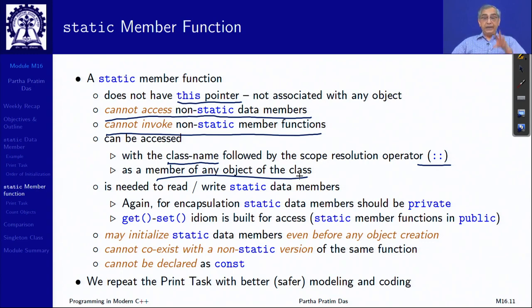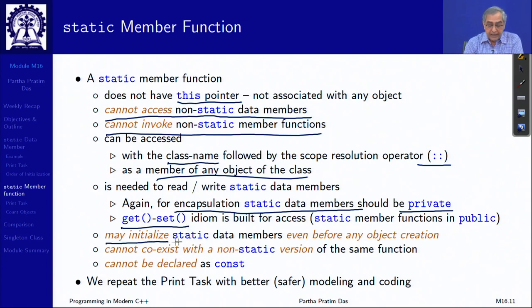So, once you have this, you can now again create the same information hiding encapsulation paradigm as we did for the non-static data members. All that you do is encapsulate static data members as private and provide the required get set idiom in terms of static member functions in public, and you can create that same model, except that now this particular encapsulation model is not specific to an object, it is specific to the class or the entire ensemble of objects that can be instantiated from a particular class.